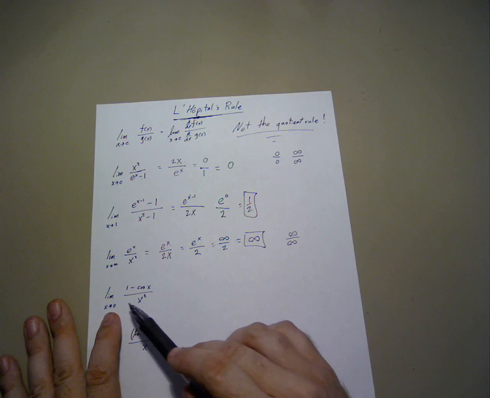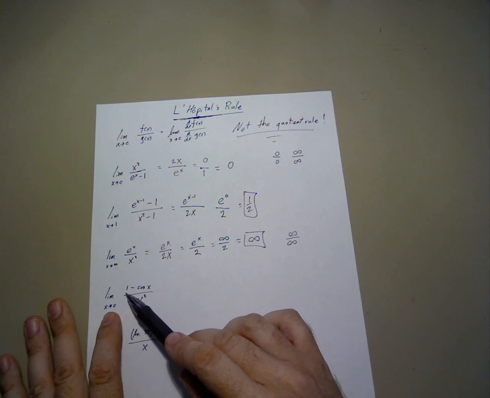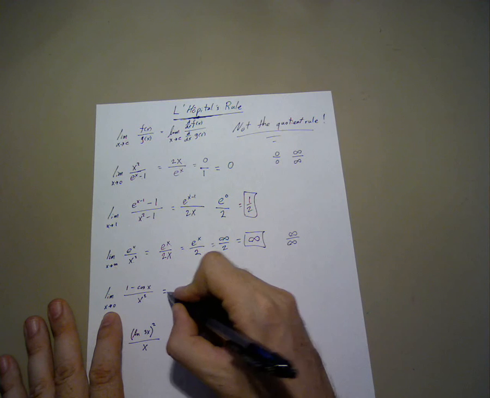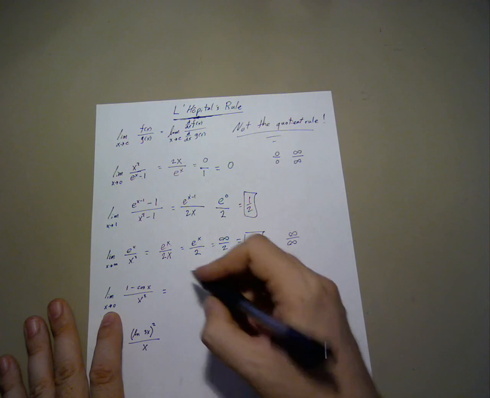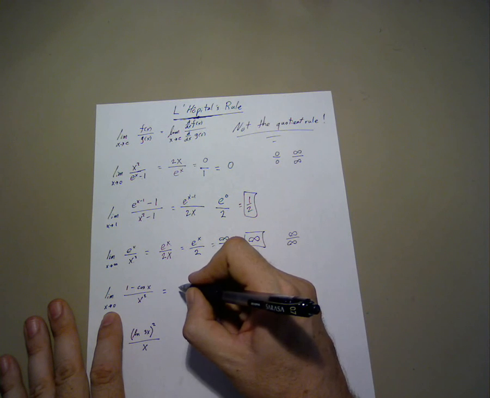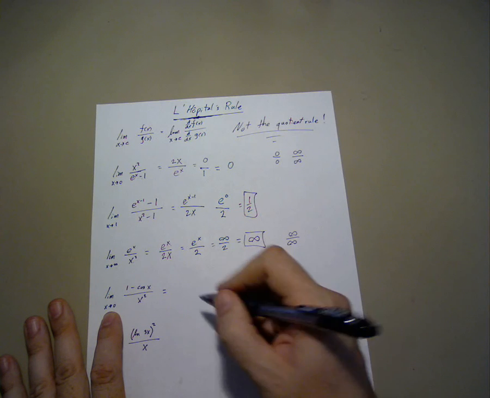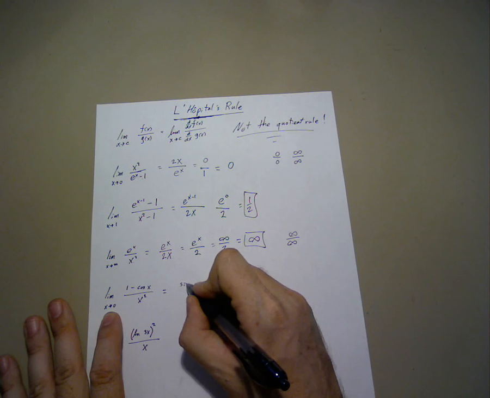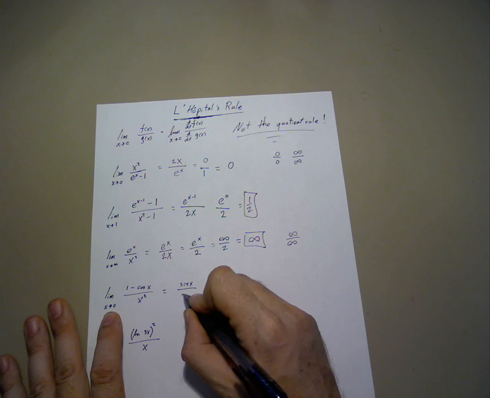In this problem, as x goes to 0, we get a 0 over 0 form. If we take the derivative, the derivative of a cosine is a negative sine, so the derivative of a negative cosine is a positive sine x over 2x.